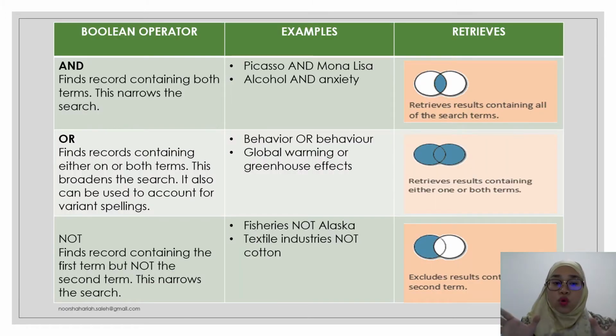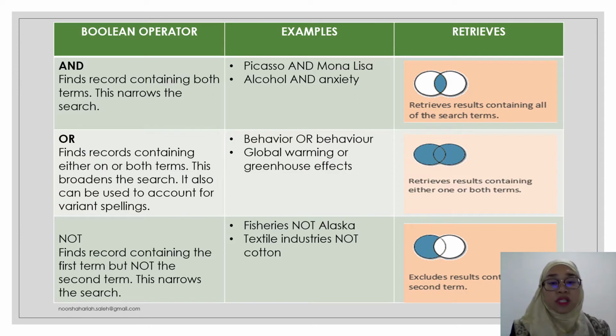Okay, so when you use the word and, you actually would like to focus on finding the results containing both terms. So only if the article has these two words, it will be provided to you.